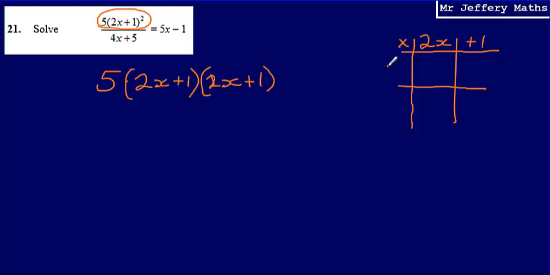What I like to do when I'm multiplying out double brackets is to draw this out in a grid. So 2x multiplied by 2x gives me 4x². 2x multiplied by 1 gives me 2x. 1 multiplied by 2x gives me 2x as well.